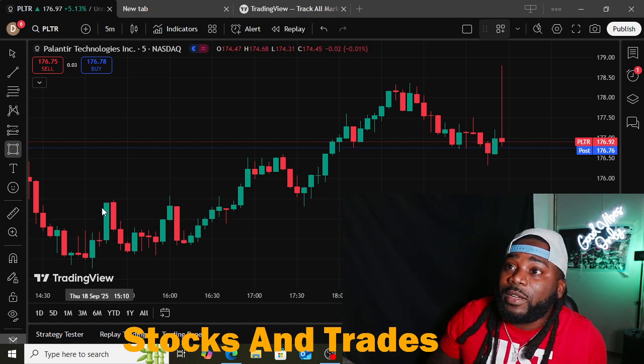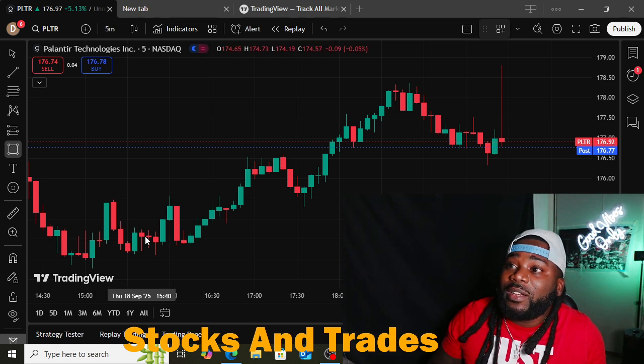This big green candle? This was the high for today. So I waited until I found another big green candle to break that high. Even though this candle right here looked kind of small, it still broke that high right there.